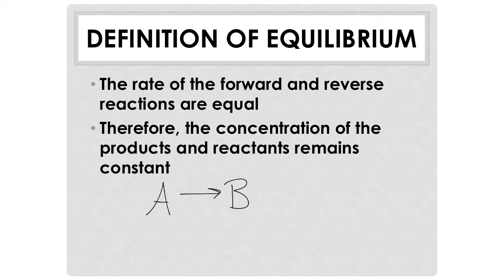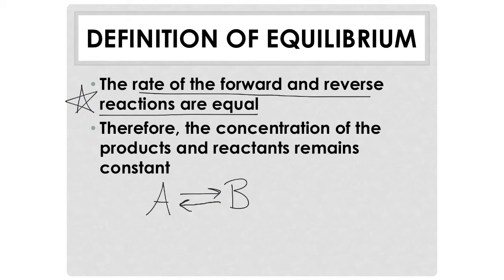So A would get consumed and produce B. For many reactions, though, once you accumulate a certain amount of B, then it will start the reverse reaction occurring and you will make back A. Once you get to equilibrium, that is defined as the rate of the forward reaction being equal to the rate of the reverse reaction, hence why we use the double arrows.